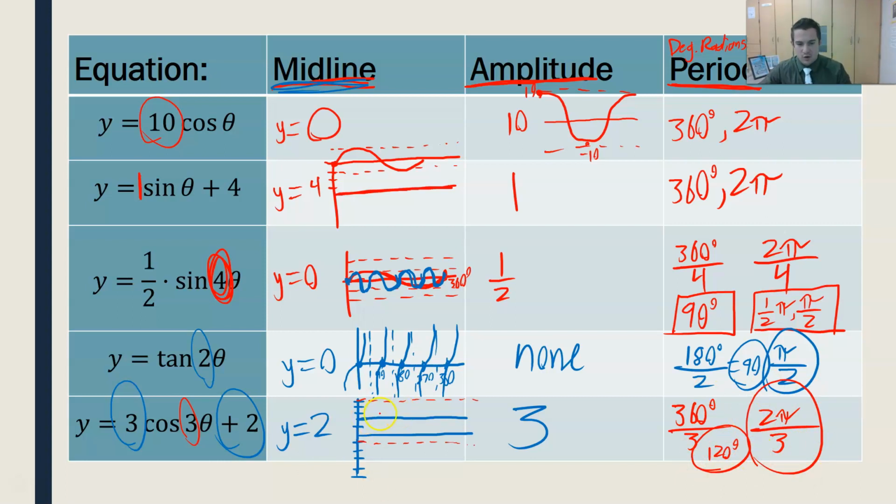So if I go every 120 degrees, like 30, 60, 90, 120, 150, 180, 210, 240, something like that. This graph, since it's cosine, starts at the amplitude. It's going to come down and repeat itself every 120 degrees with an amplitude of 3 and a midline at y equals 2.